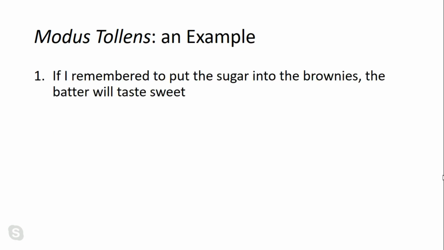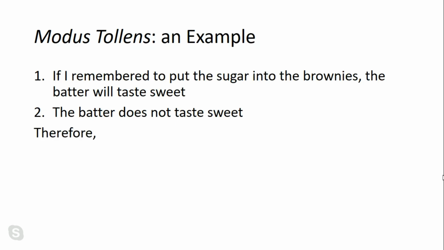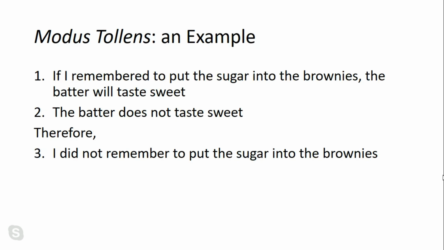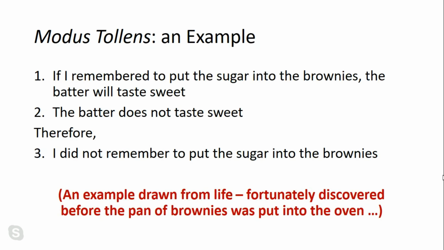So here's an example of an argument that has a modus tollens structure and is therefore valid. If I remembered to put the sugar into the brownies, the batter will taste sweet. The batter does not taste sweet. Therefore, I did not remember to put the sugar into the brownies. This is an example actually drawn from life.